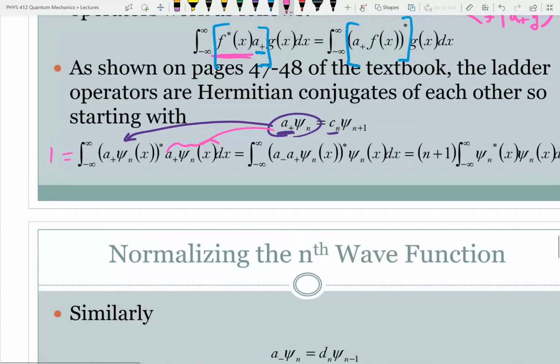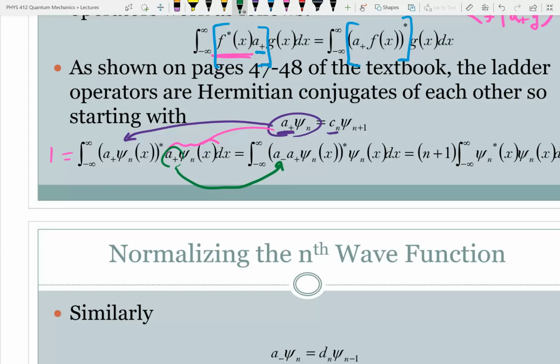But then using the relationship from above, I'm going to take this and put its complex conjugate in front of the A plus psi n. Has to be in front. The order is important.